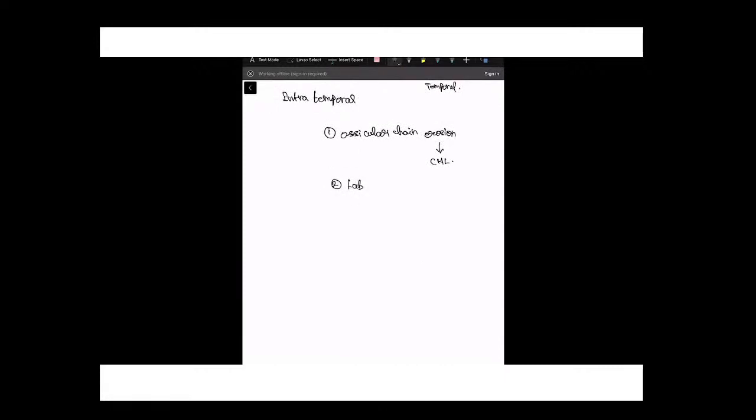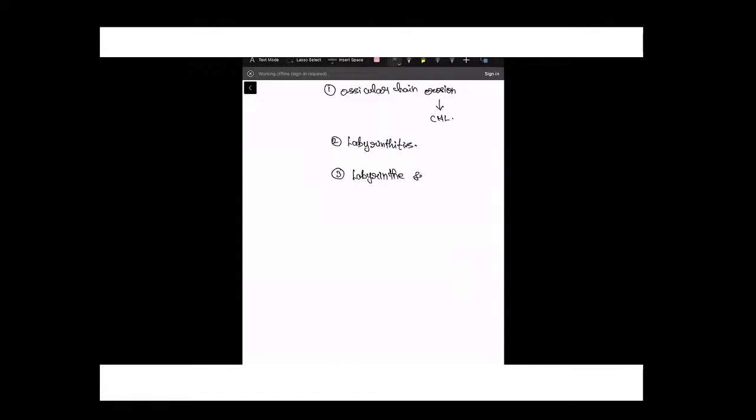Can be inflammation of the labyrinth, and labyrinth fistula. The most common site for labyrinth fistula is going to be the lateral semicircular canal.